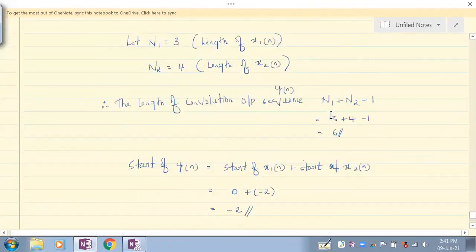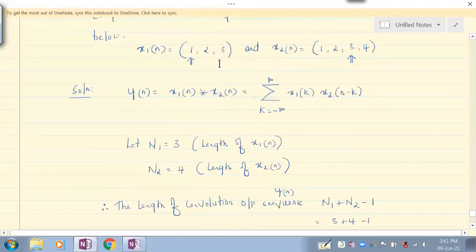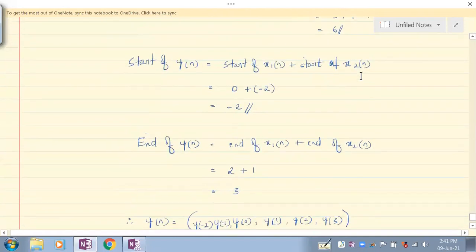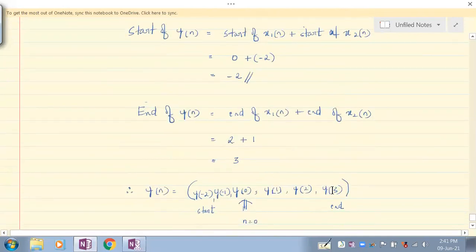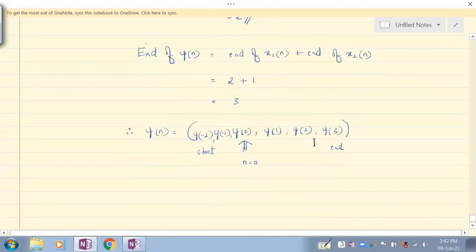See here, x1 of n is ending at 0, 1, 2, so this is ending at n equal to 2, and x2 of n, which is -2, -1, 0, and 1, is ending at n equal to 1. So 2 plus 1 would give you 3, and that is where y of n would end. So you have to obtain these 6 samples to obtain the convolution sum. Now we shall see that. I hope you've understood this much.